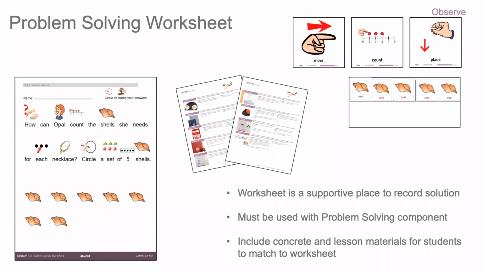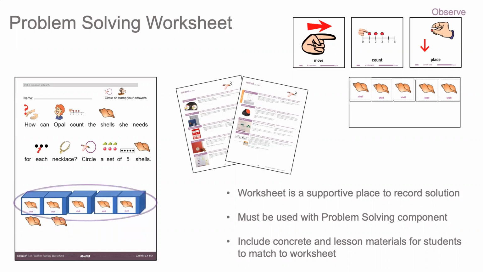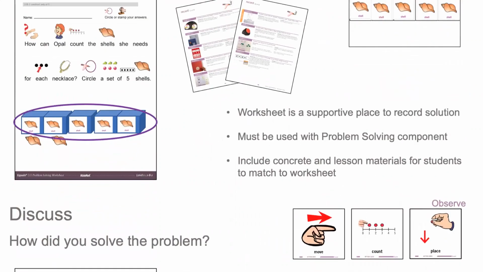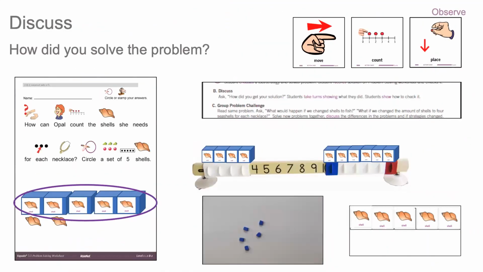The demonstration and engagement with the manipulatives is far more informative for you as the teacher than circling or recording that correct answer. So in this example, if my student was able to sweep a set of 5 cubes with the shell pick symbols attached together to solve the problem, I could then support my student in placing those cubes on the worksheet to show how to record that solution by circling and isolating that set of 5.